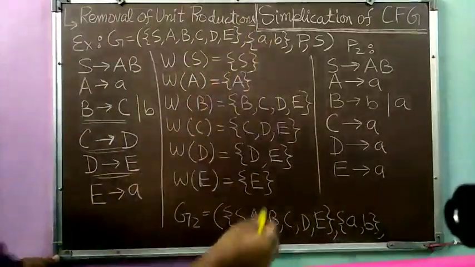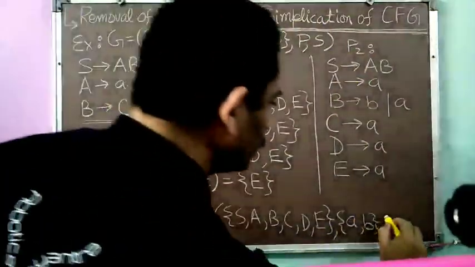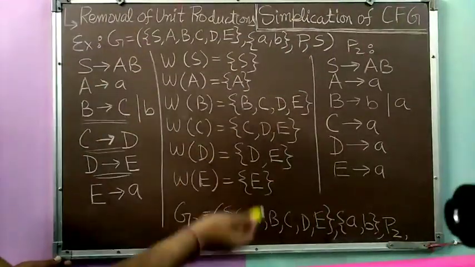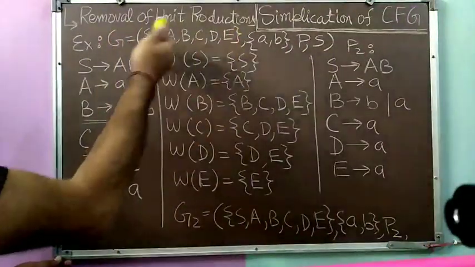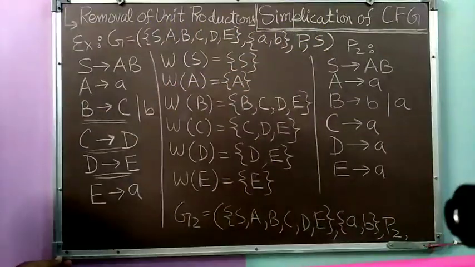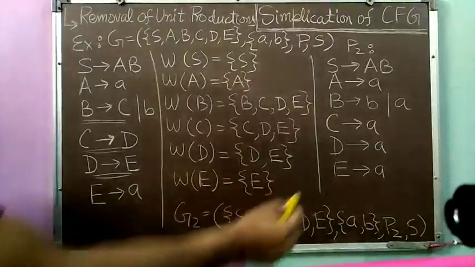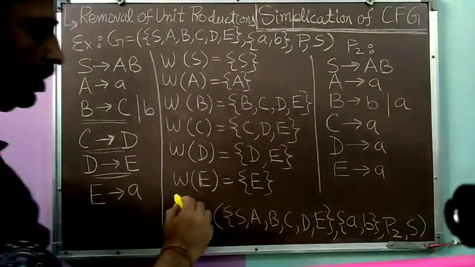And the set of productions is now this one, P2. Now what is the start symbol? The start symbol will be the same as that of the original grammar. The original grammar had start symbol S, so this also has the start symbol S. So in this manner, I have found this G2.